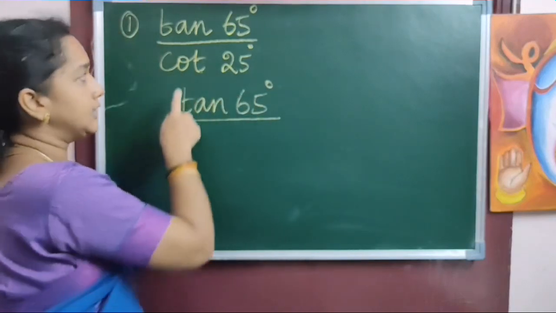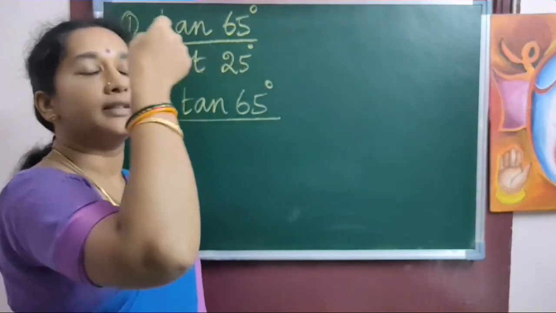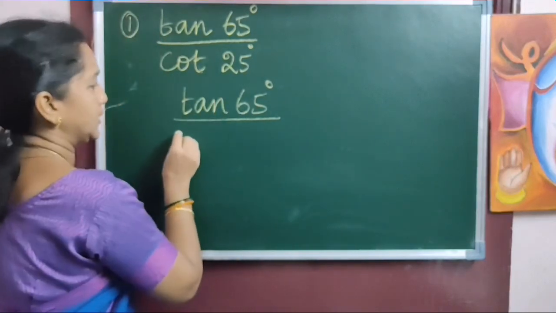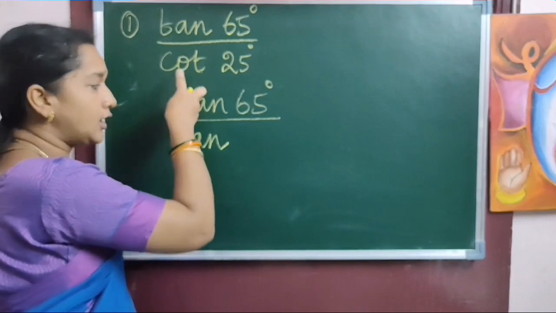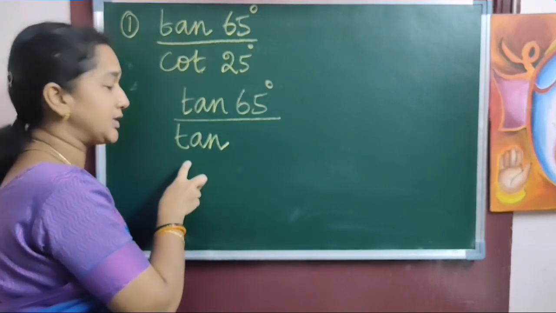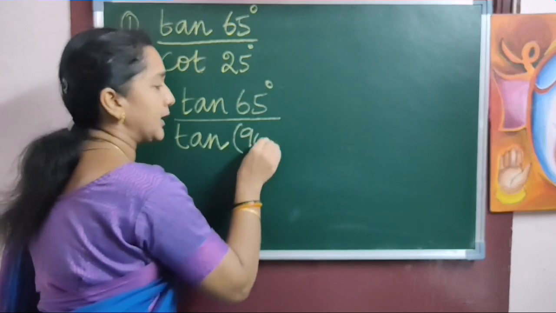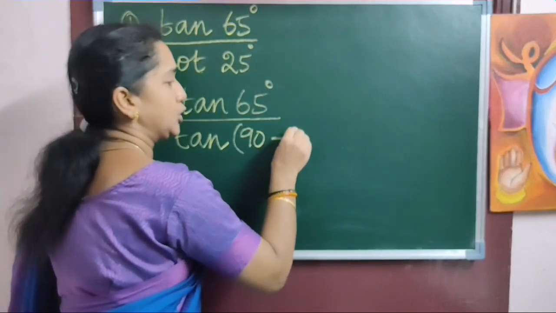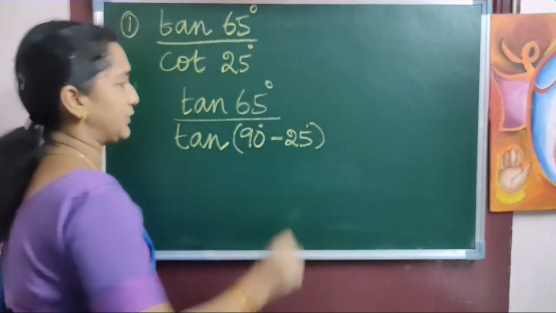First, for cot the complementary ratio is tan, so you write cot 25 degree as tan 90 degree minus 25 degree.